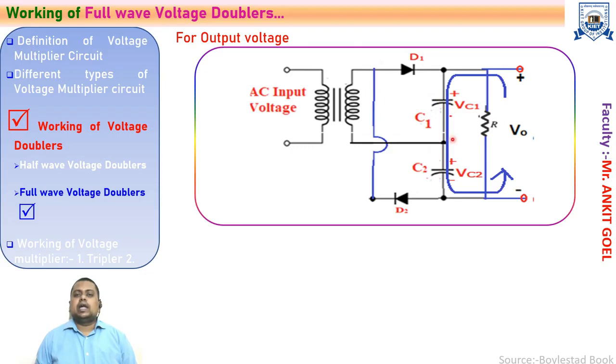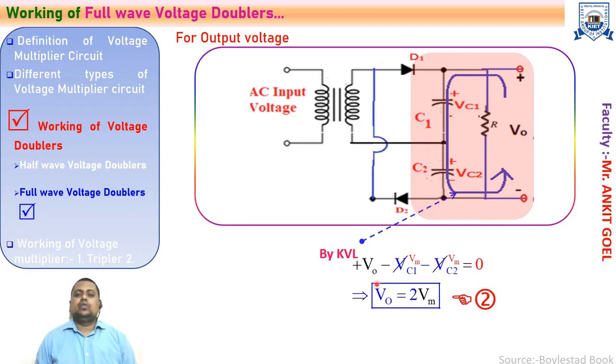We have seen, due to the high time constant, both the capacitors C1 and C2 will hold the input peak voltage Vm, that is Vc1 and Vc2 are equal to Vm. So just apply the KVL in this highlighted region to calculate the output voltage. So you will get the equation as VO equals Vc1 plus Vc2, that is VO equals twice Vm.